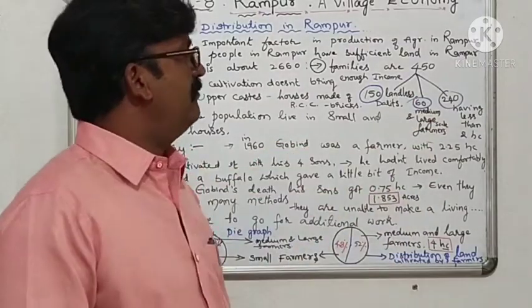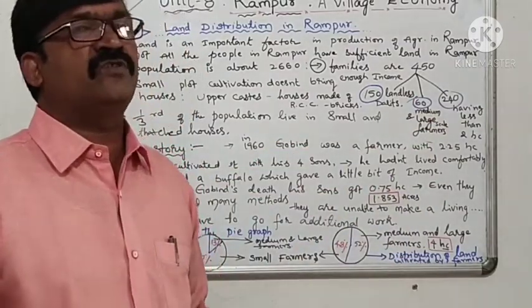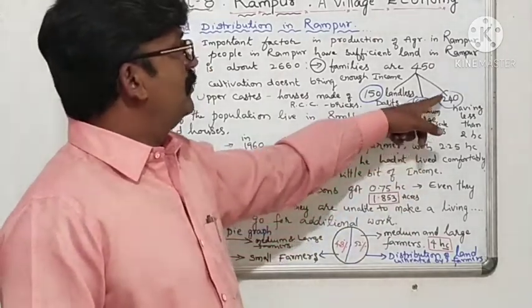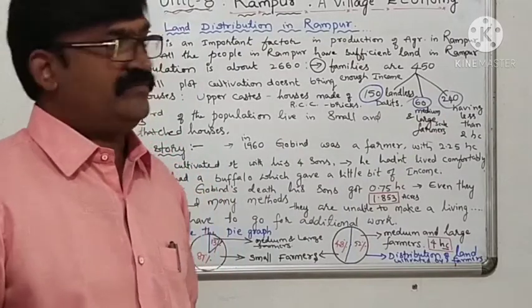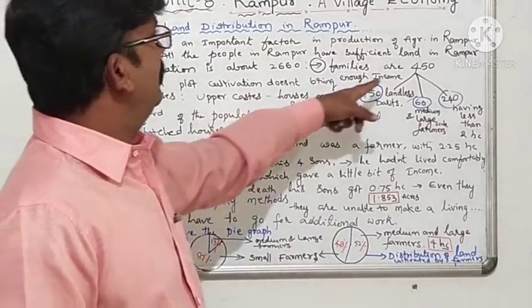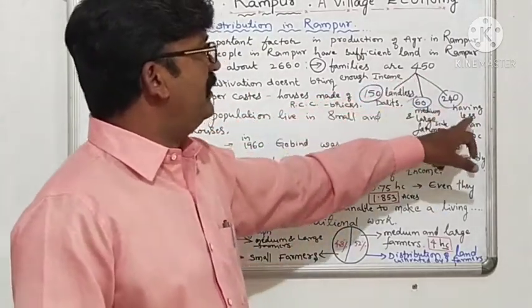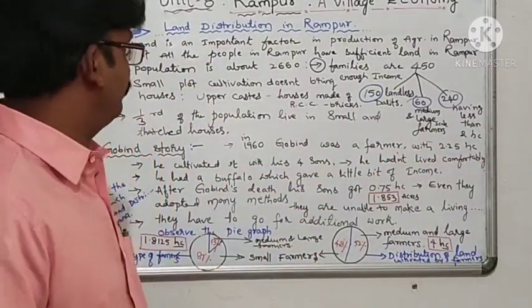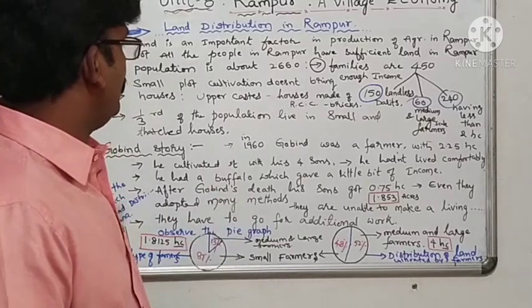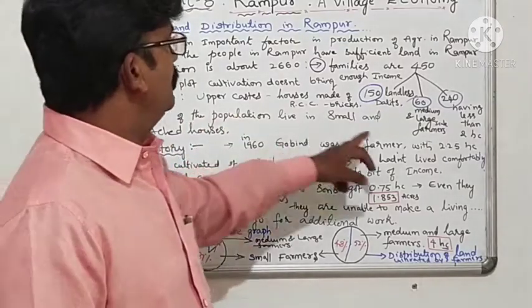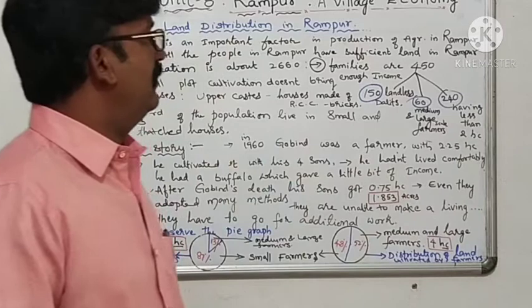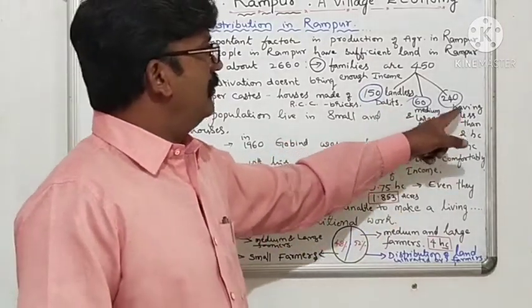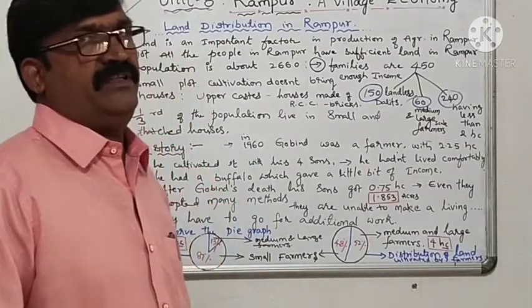And 240 families, out of 450 families, have less than 2 hectares of land. Here, 2 hectares of land is for 240 families each one.